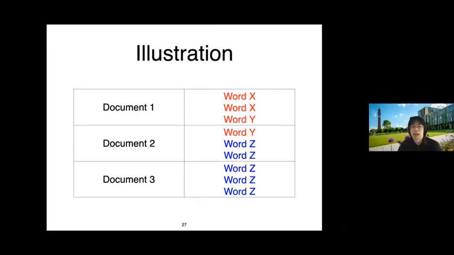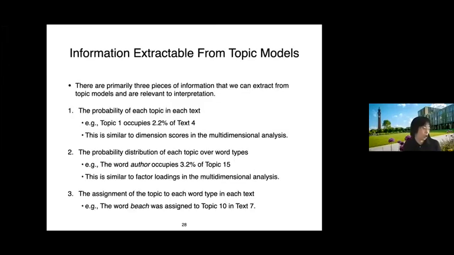At a higher level, or practical level, or functional level, I should say, there are primarily 3 pieces of information that we can extract from topic models that are relevant to interpretation as far as corpus linguistics is concerned.